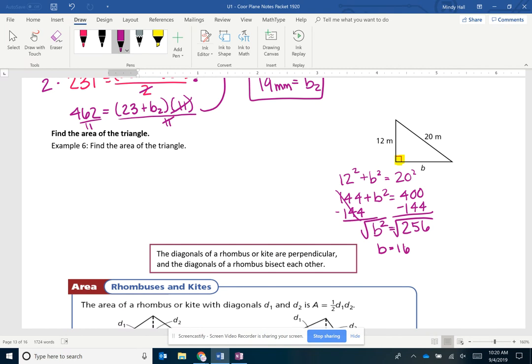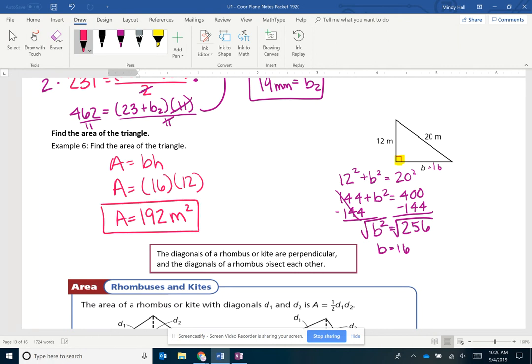So now to actually find my area, I'm going to have area equals base times height. My base is 16 and my height is 12. So then 16 times 12 gives me 192. And this would be meters squared. Ooh, wait! Did you find my mistake? I was all sorts of wrong formula.